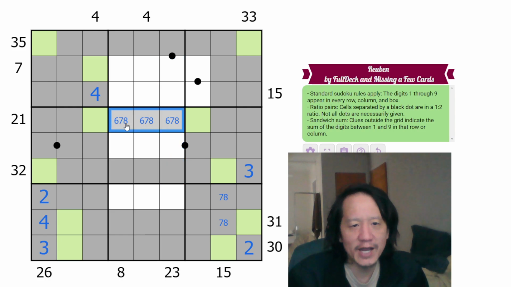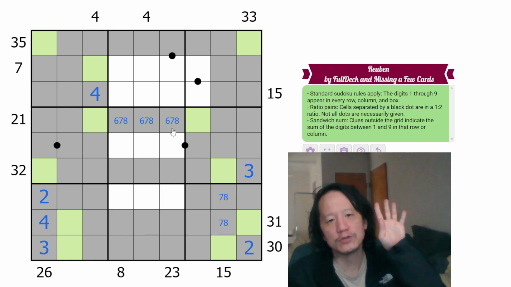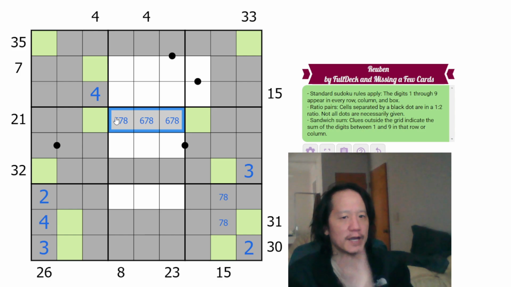We showed that the maximum of 3 digits in between a sandwich, in the sandwich clue, has to be 21. So therefore, the difference between the buns in this column has to be 4, because 23 is greater than 21. So you have to add at least a 4th cell in between the 1 and 9.